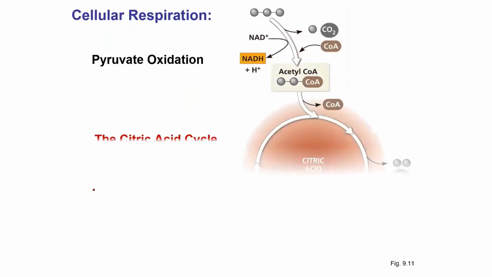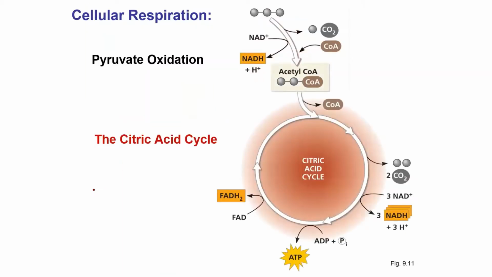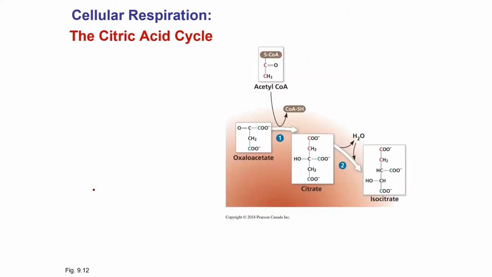So let's take a look at what's going on here in a bit more detail. Okay, that's the same slide, so I apologize for that. Let's look at the chemistry. There's our acetyl-CoA. It's 2 carbons. It releases the coenzyme A right here. And we take a 4-carbon compound called oxaloacetate and combine it with the acetyl group, getting a 6-carbon compound.